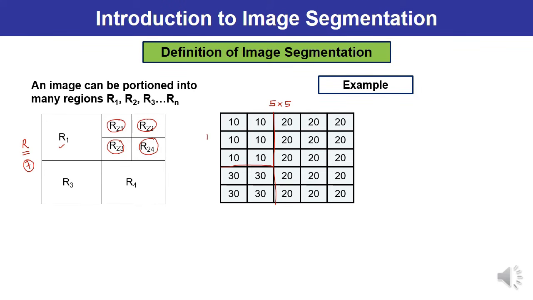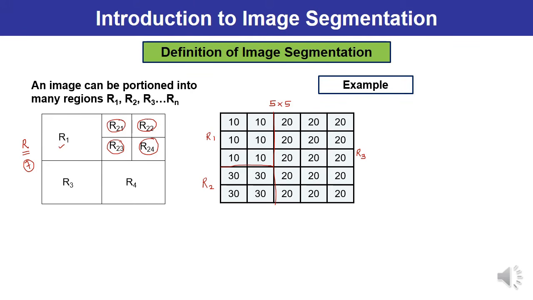If you say this is R1, it means you can divide it on the basis of the similarity principle. This is R2, which consists of all the pixels having value 30, and the remaining is R3, which consists of all the pixel values of the same nature, that is 20.